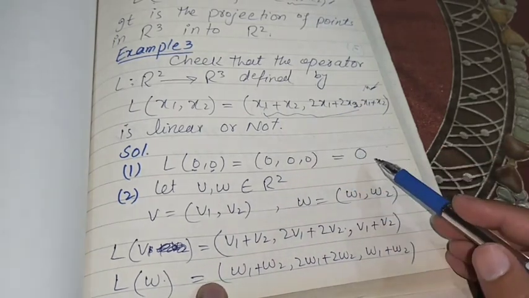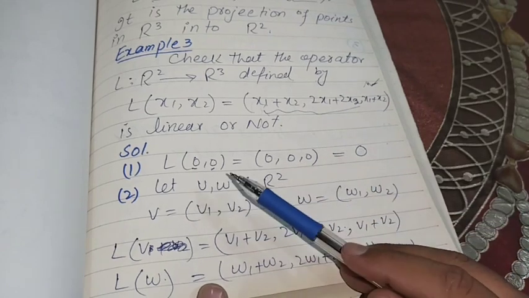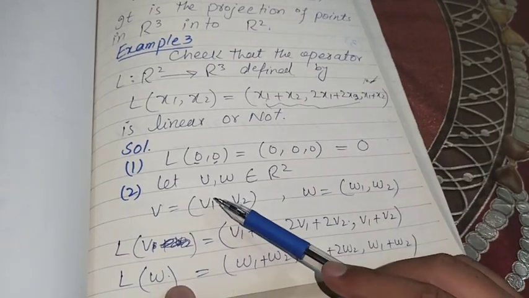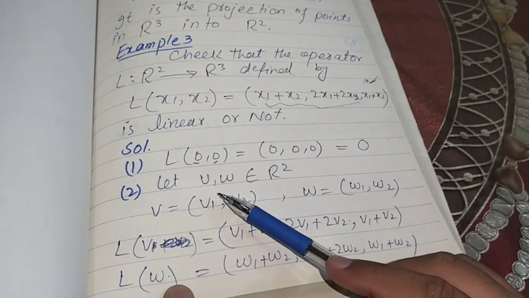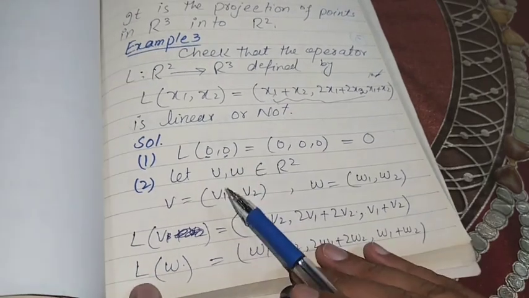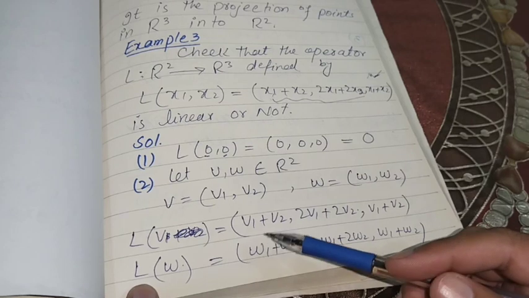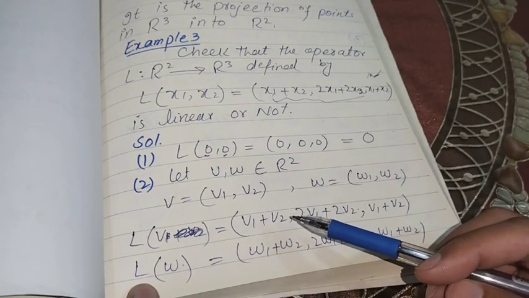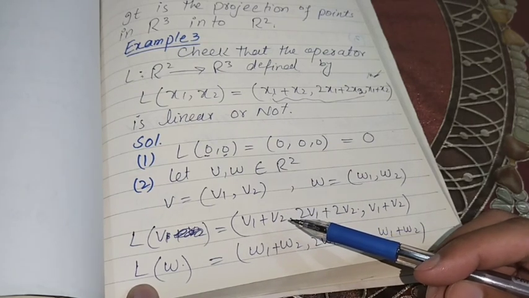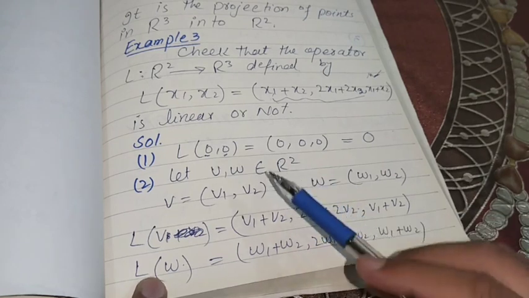So we say that our first condition holds. And the second condition is the vector addition, in which we apply the linear operator to the vector additions, and in this condition the linear operator is applied separately to each vector.